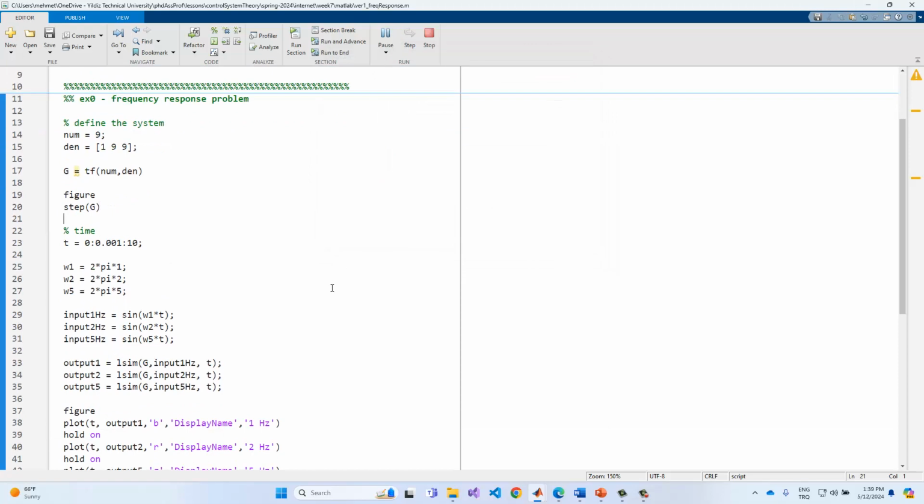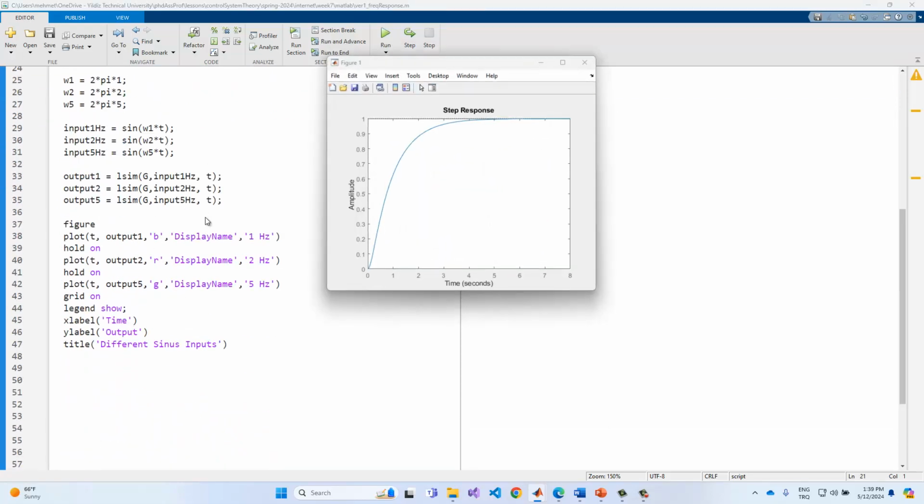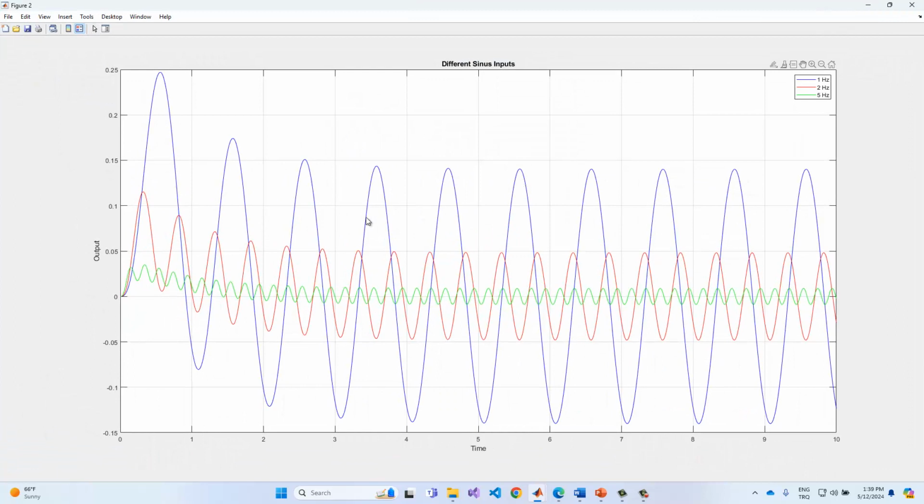But if I apply the sinus signal in here, for this perfect system, just see that 1 Hertz creates these amplitude values in here, just like this one, from 0.15 to minus 0.15.